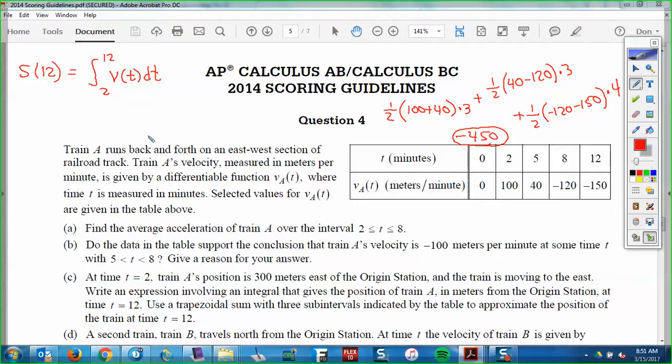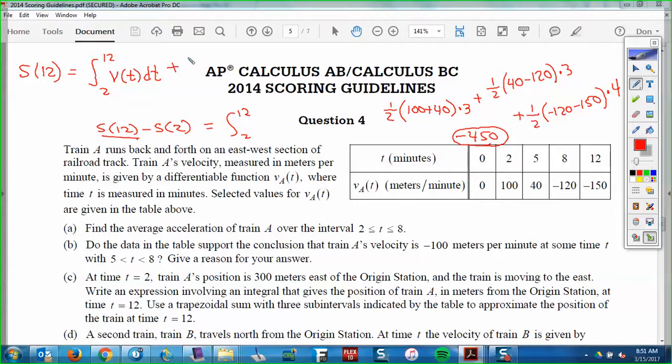Add it on. Listen, if S is the antiderivative of this, then technically, isn't this S of 12 minus S of 2? Wouldn't that be the integral from 2 to 12, right? So if we want to know what S of 12 is, doesn't that have to add over to there? So isn't this plus the initial condition?